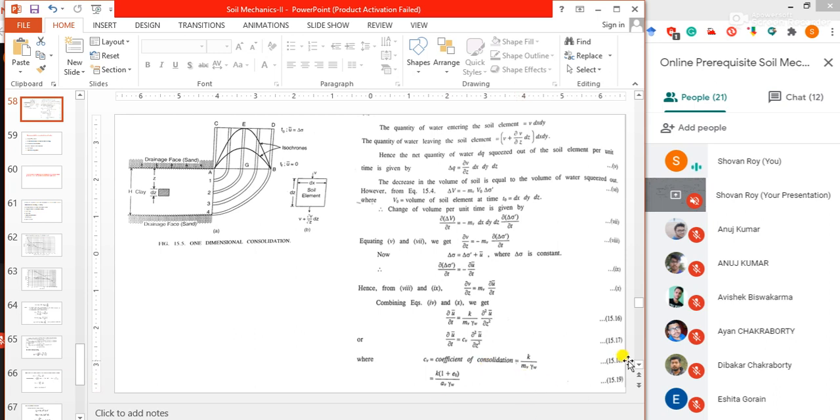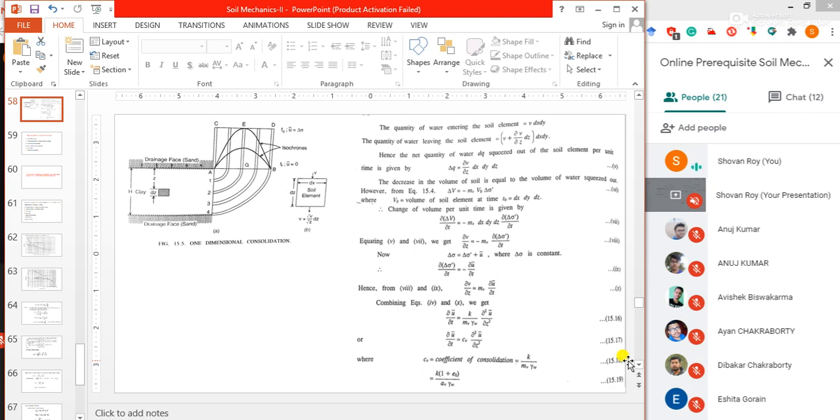Coefficient of consolidation is K by MV into gamma W. K is the coefficient of permeability, MV is the coefficient of volume change, and gamma W is the unit weight of water. MV equals AV by 1 plus E0.